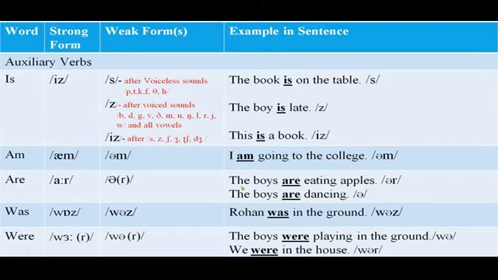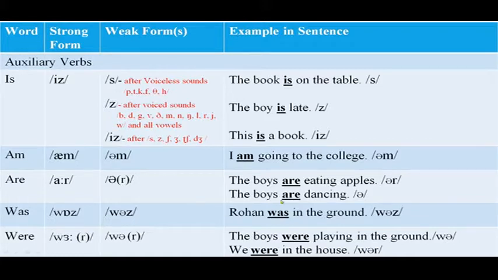As you can see in the two examples over here, 'the boys are eating apples.' R is followed by the word 'eating', which starts with the vowel sound E. Therefore, R will be pronounced in this case, as suggested over here.